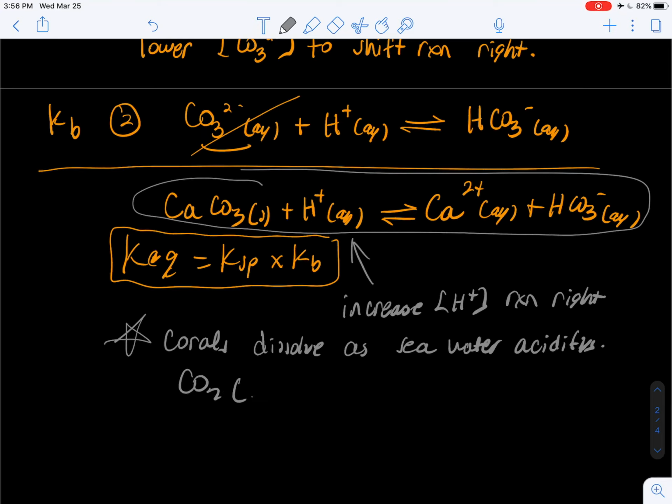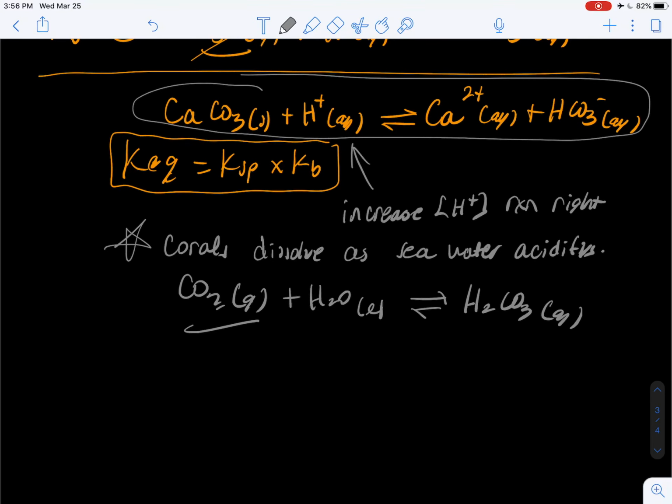Well, carbon dioxide from coal burning and oil burning power plants, cars, and all the global activity of humans reacts with water to give you carbonic acid. Carbonic acid can dissociate to give you H plus and bicarbonate.